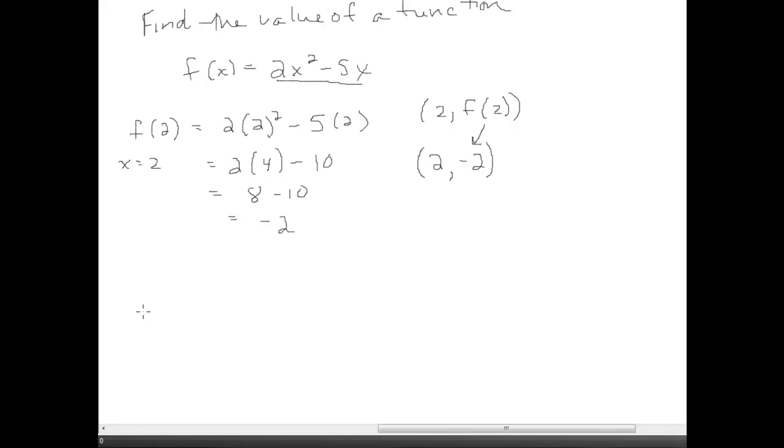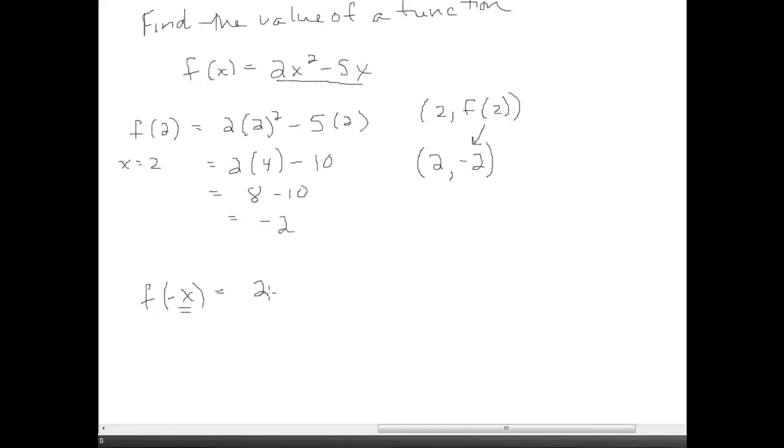Alright, let's keep that same f of x function, 2x squared minus 5x, but let's evaluate something else. What if it said, what is f of negative x? Sometimes you won't be asked to sub in a number, but an expression. So I'll replace x with negative x in our f of x function.